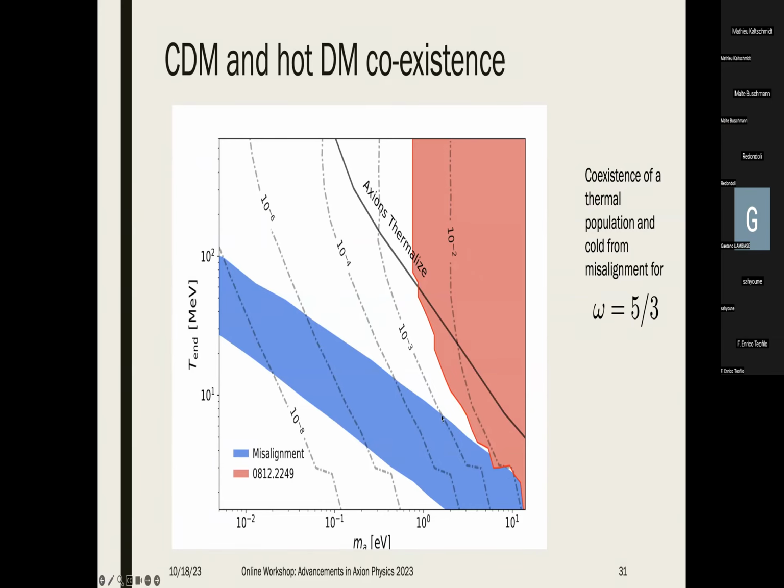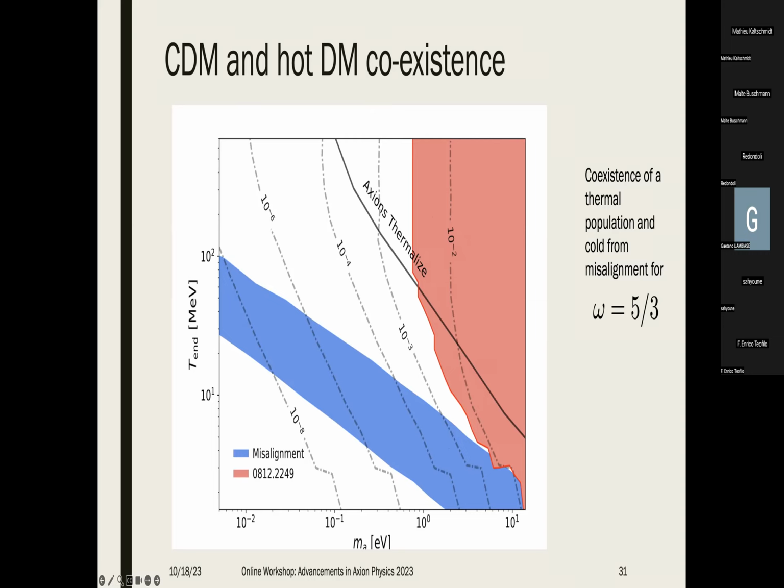For instance, in here we could have coexistence of subthermal hot axions with a relic density of 10 to the minus 3 with the cold dark matter population in this whole range. The red region is where this hot population is excluded by the data I showed you before, and everything above this solid line is where the axions thermalize.